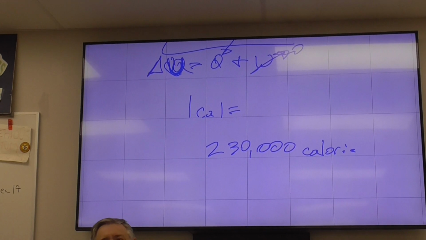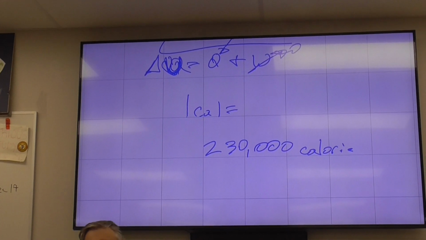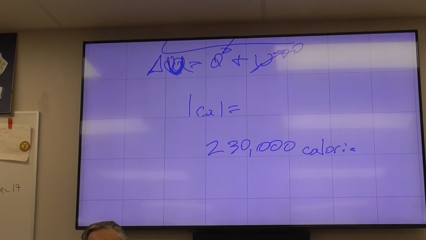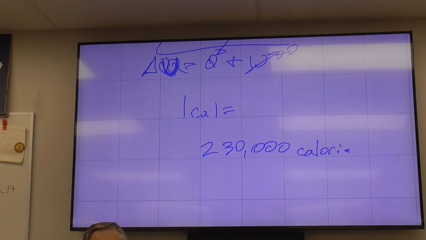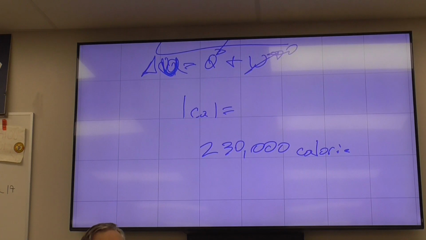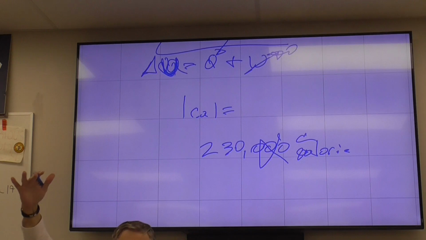calories, okay? But this became a marketing nightmare because people aren't going to eat an Almond Joy that's 230,000 calories. So they said, what can we do? We'll just lop off the last 3 zeros and put an uppercase C on it.